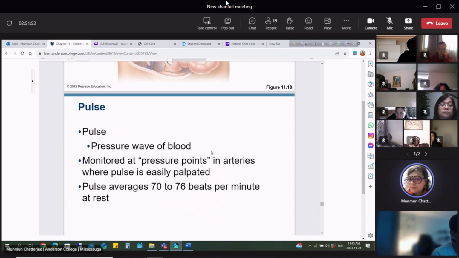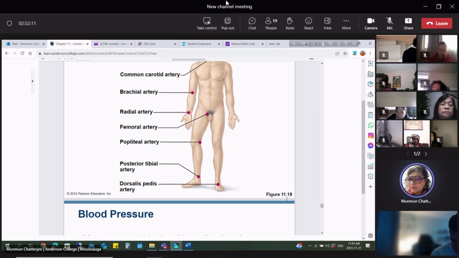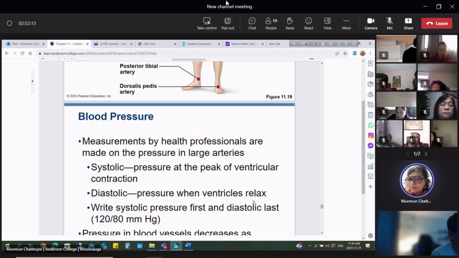From the pulse, we can get the heart rate. It is monitored at pressure points in arteries where the pulse is easily palpated. The average pulse is 70 to 80 beats per minute in the adult. But the fetal heart rate is very high, 140, 160, sometimes more.